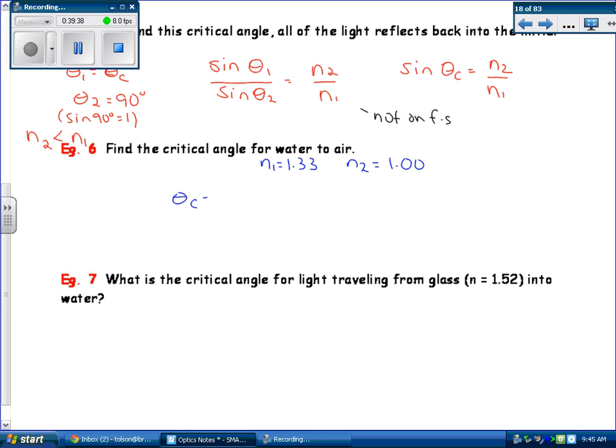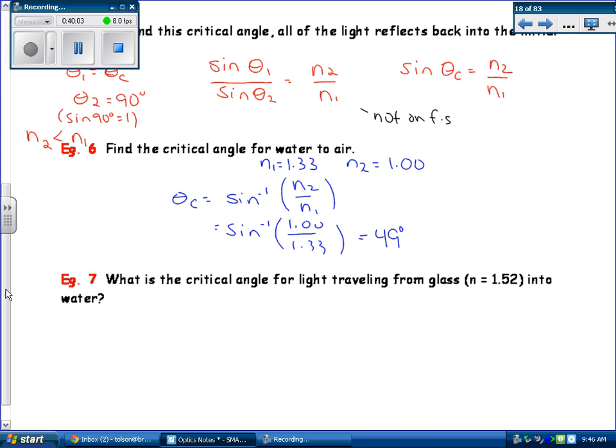So critical angle is inverse sine of n2 over n1, which is equal to the inverse sine of 1.00 over 1.33. You can try inverse sine of 1.33 over 1.00 to see that you get an error. And that's going to give you 49 degrees.